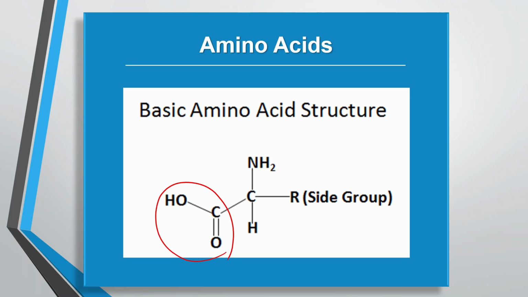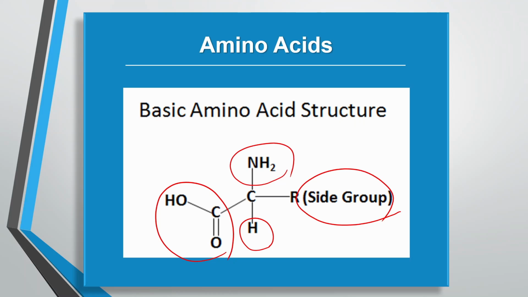We have a hydrogen atom, which is that guy right there. We have a nitrogenous amine group, which is the NH2 right here. There's one exception with that NH2 group. There's one amino acid that only has an NH group there that's modified into a ring structure. And then we have this side group over here, the R.